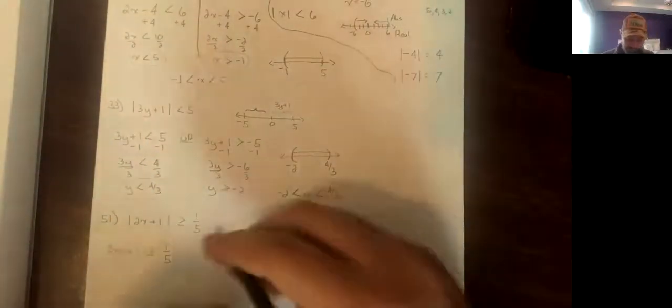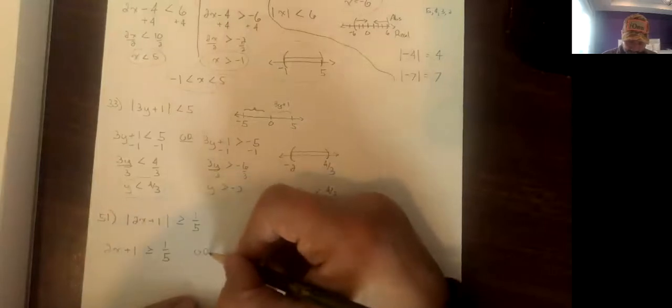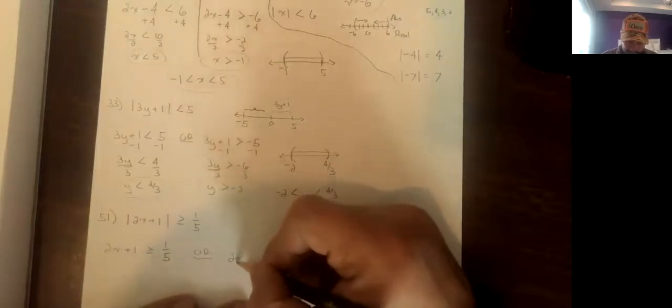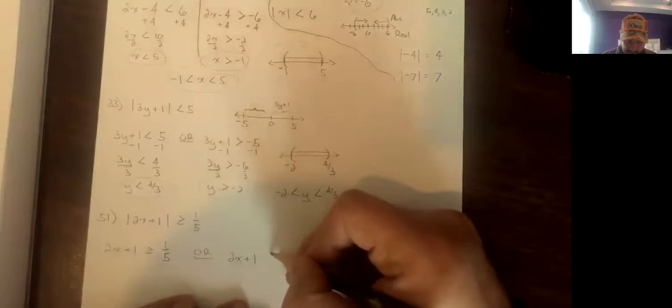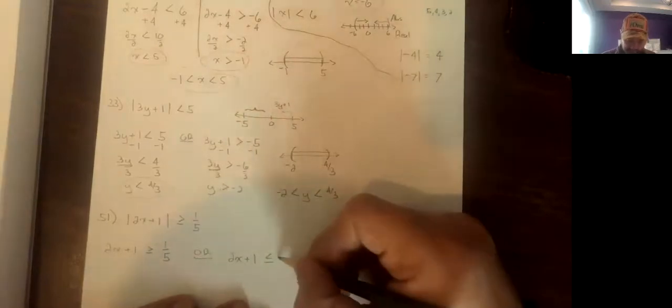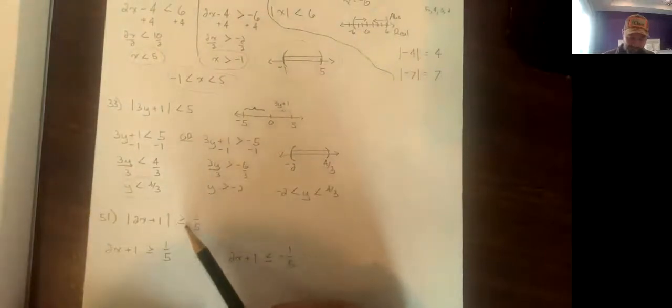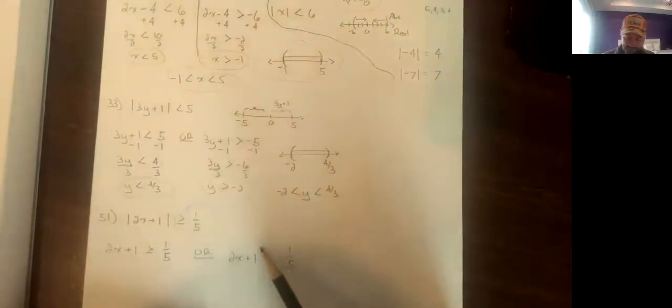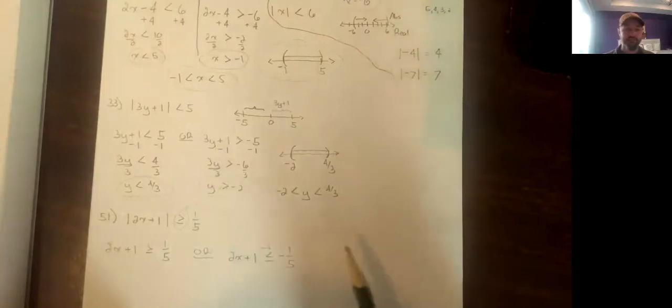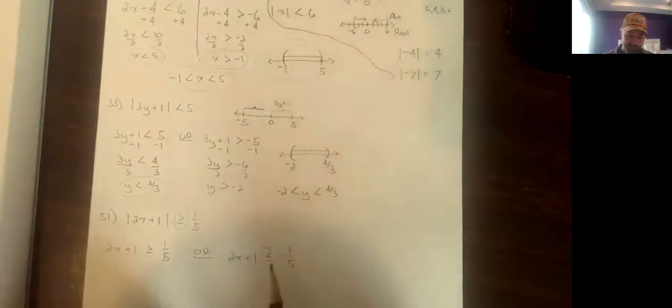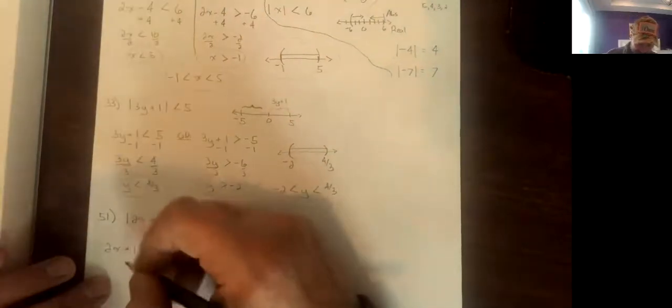I just take the absolute value symbol away. Or I have 2x plus 1 is less than or equal to -1/5. There's the change. I switch that sign. If I switch the sign, I switch the symbol in absolute value.